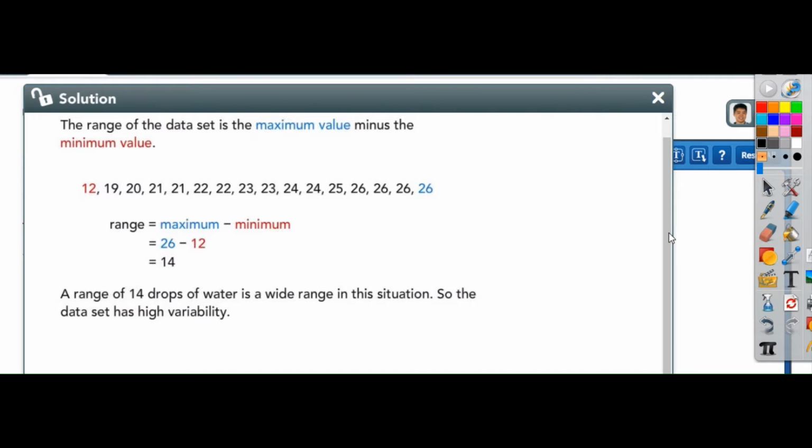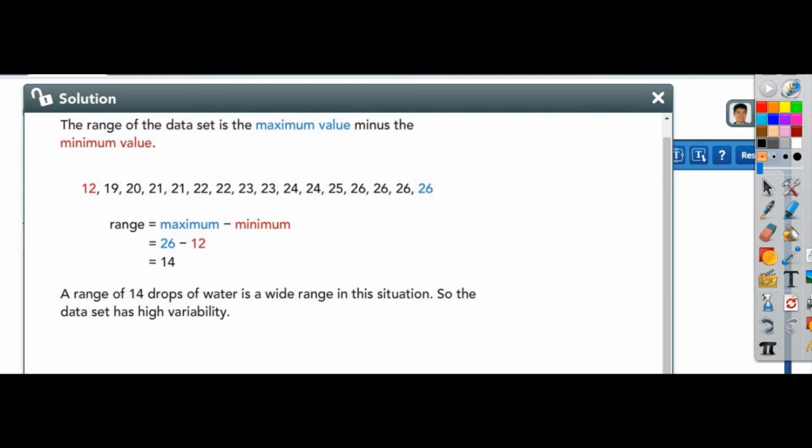We don't have any obvious outliers, I mean, 12 could be considered an outlier. I would say it could be. So if we take 12 out, how would that affect the range? Then we would have to do 26 minus 19 to see how 12 would change it. Once you subtract 26 and 19, you get 7.